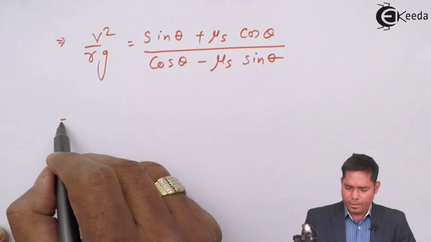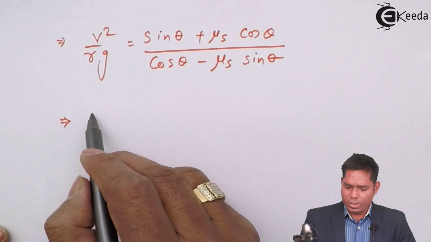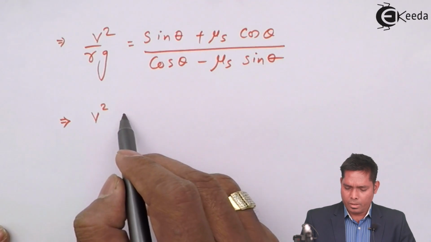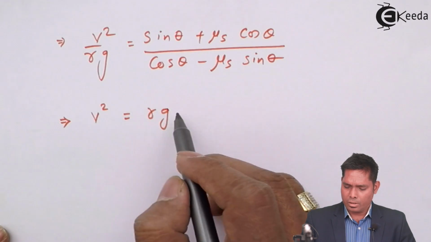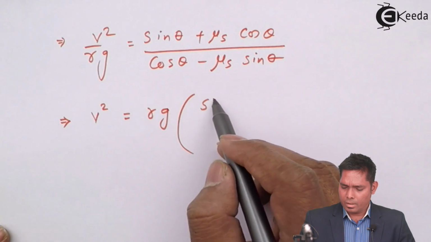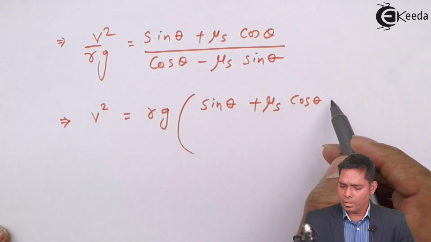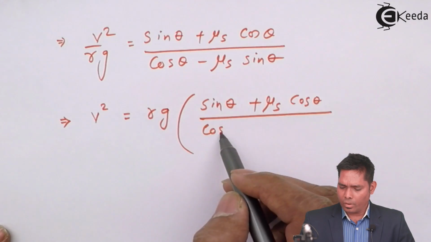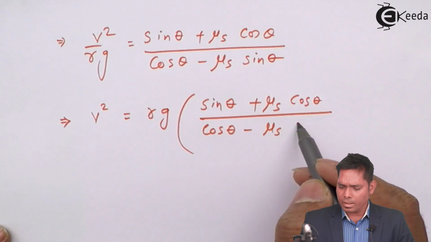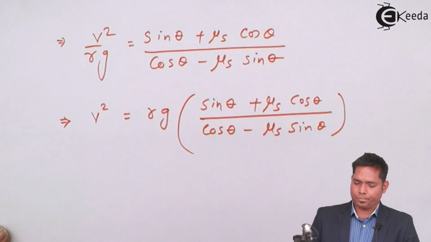Now from here v square will be rg bracket sin theta plus mu s cos theta divided by cos theta minus mu s sin theta.